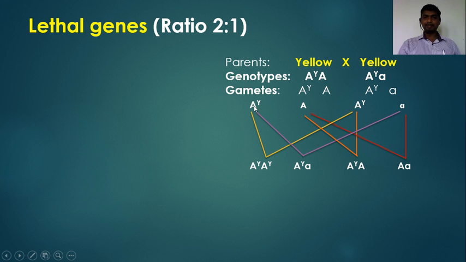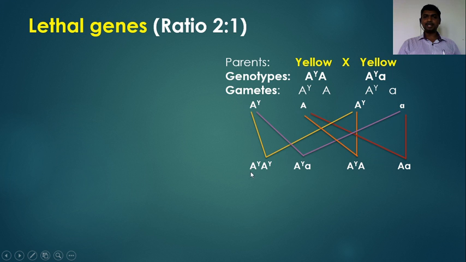Similarly, capital AY may associate with small a, giving capital AY, small a. The capital A may associate with capital AY, giving capital AY, capital A. This capital A may associate with small a, giving capital A, small a. So these four types of gametes are produced.